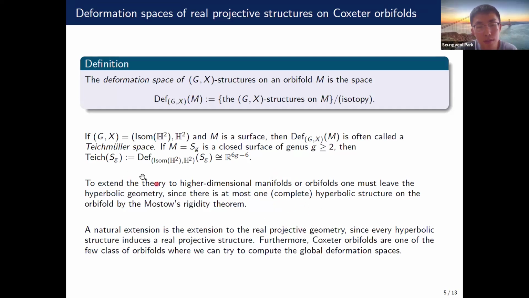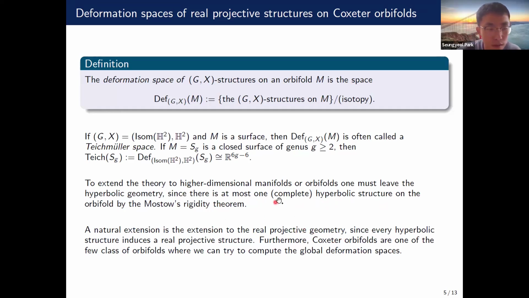To extend this theory to higher dimensional objects, we must give up the hyperbolic geometry, because for dimension greater than or equal to 3, manifolds or orbifolds admit at most one hyperbolic structure on it, more precisely, the complete hyperbolic structure. That is called the Mostow rigidity theorem. Another geometry we can think of is the real projective geometry, because it naturally extends the hyperbolic geometry.